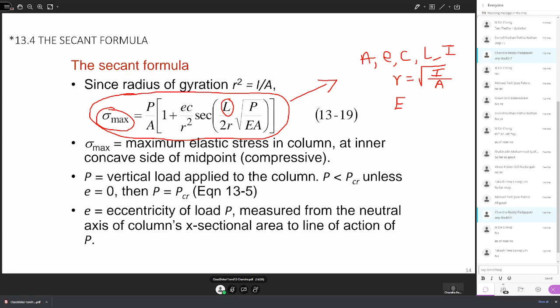Okay, so this is the secant formula to calculate the maximum stress acting on a column when the column is acted upon by a load P away from the neutral axis at an eccentricity E. All right, so in this formula there are two important things. One is if you know the load, you can calculate the maximum stress, or if you know the maximum allowable stress, then you can calculate the maximum load that can act on the column.